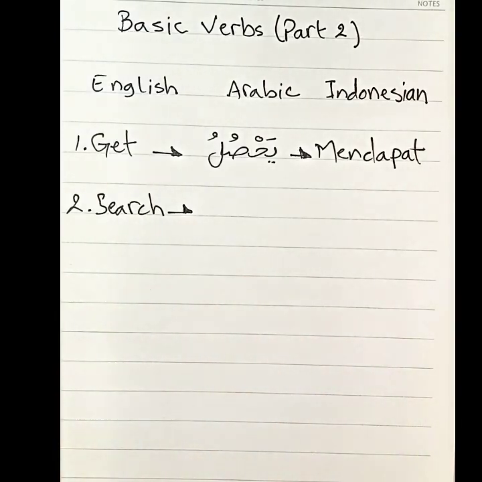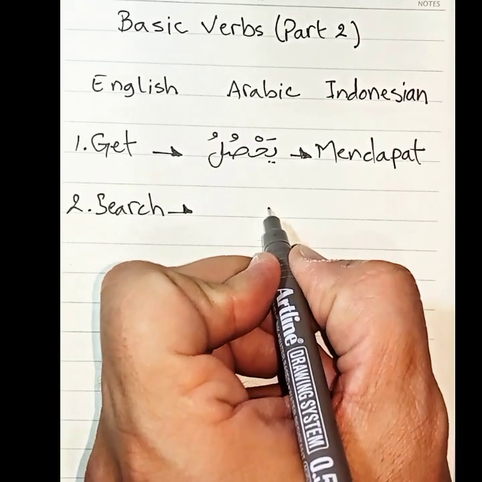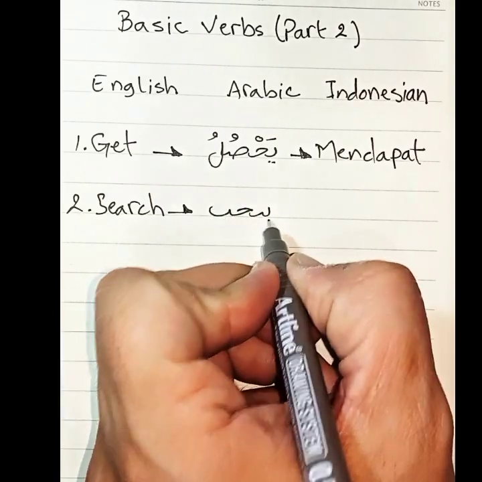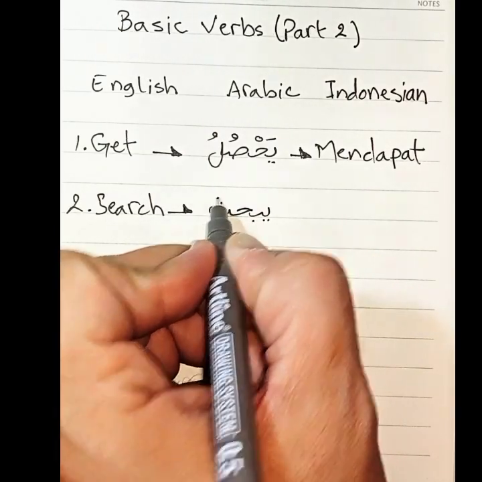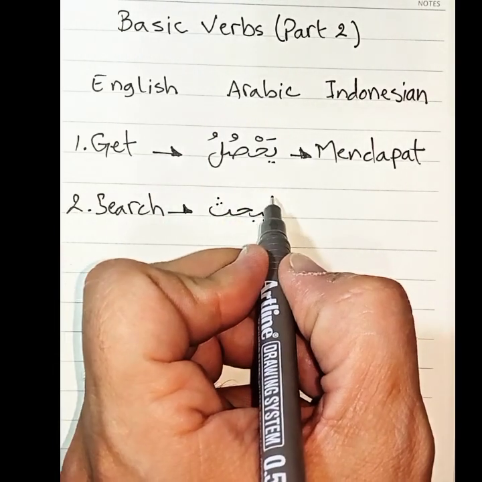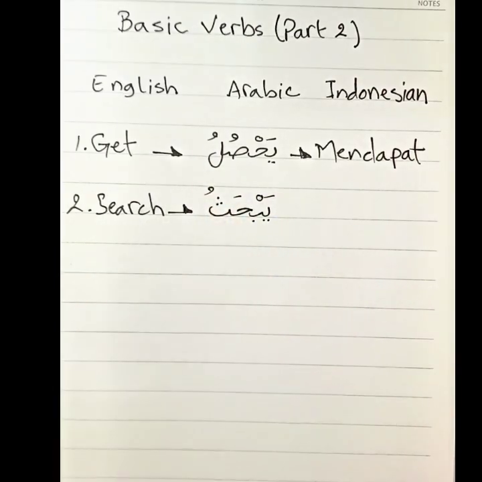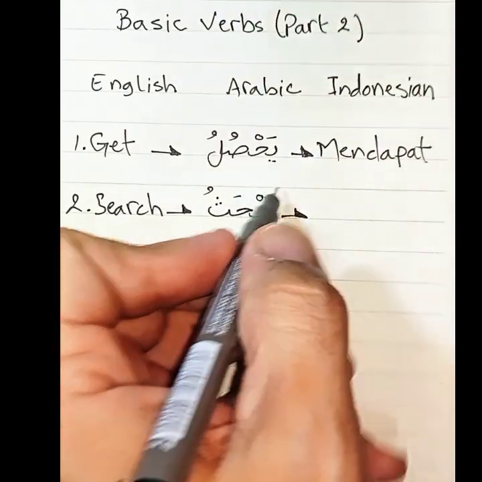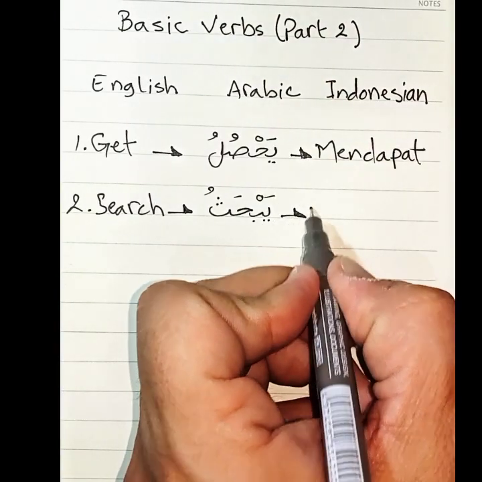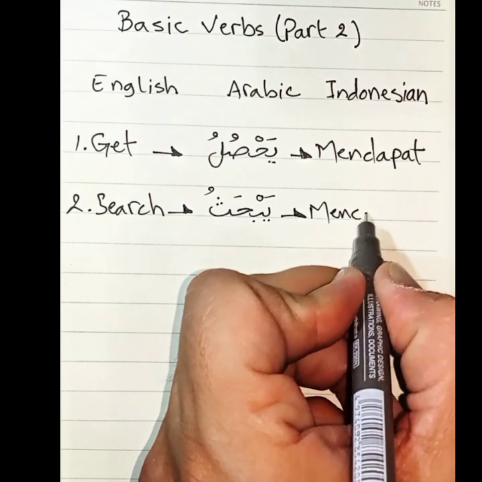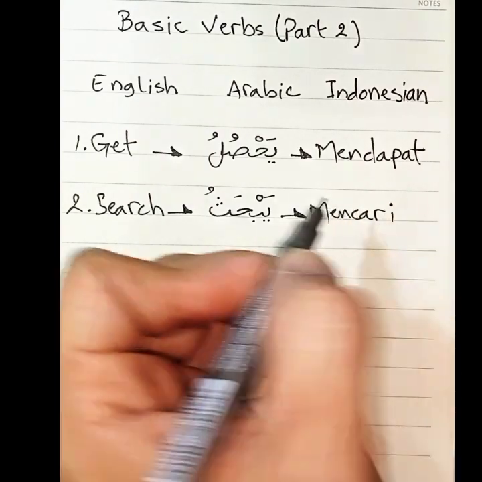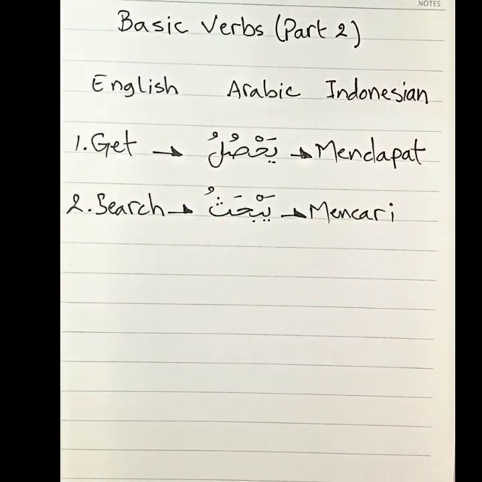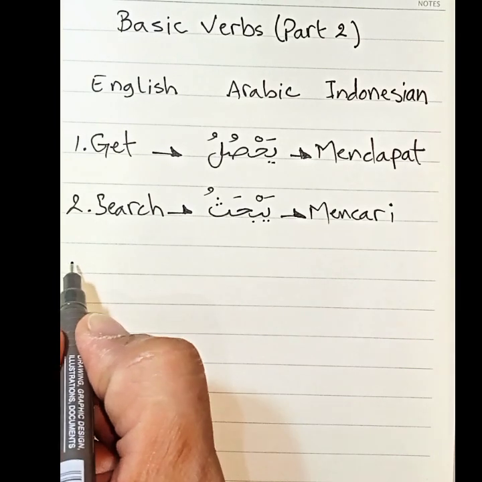The opposite of get is search. يبحث. So what is يبحث in Indonesian? It's mencari. Mencari. Alright, cool.